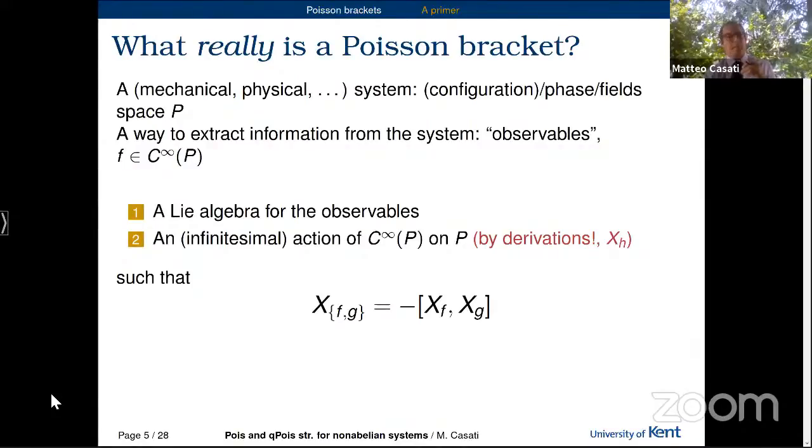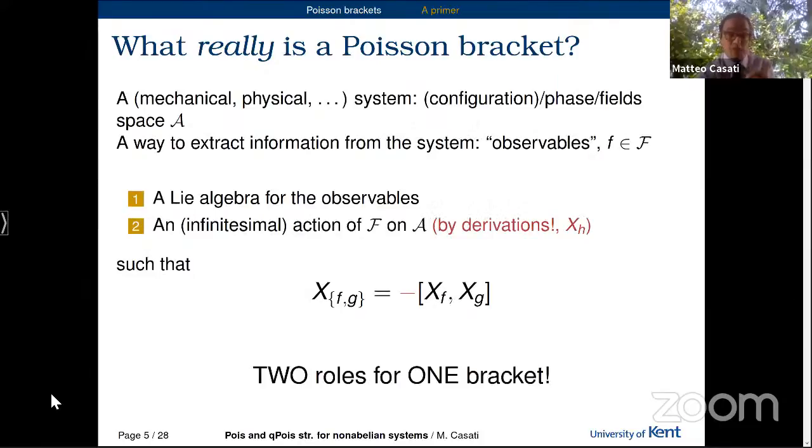The second one is Hamiltonian vector fields. And of course, the two are not unrelated, and we have the usual, very well-known anti-isomorphism between Poisson brackets and commutators of vector fields on the space.